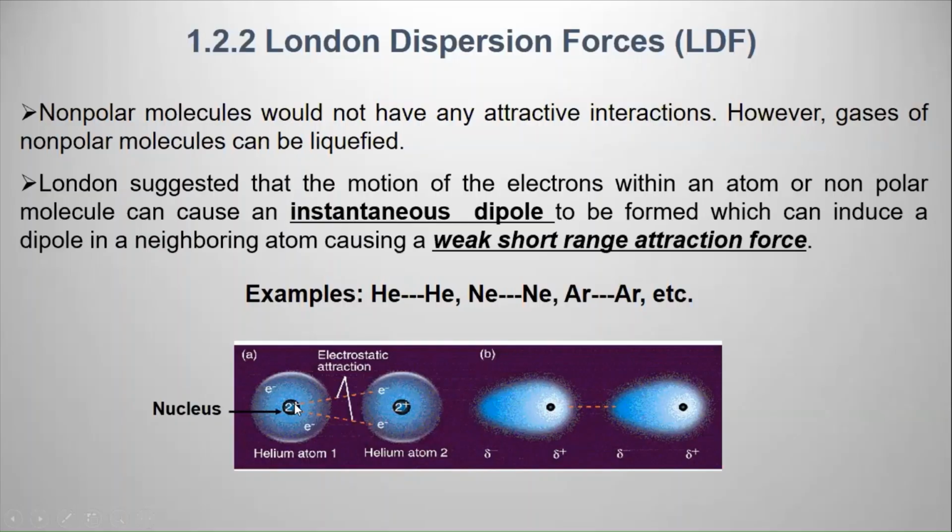These electrons are attracted by this nucleus, creating that London dispersion force. So the London dispersion forces are weak because they are not continuous forces. They are short range attraction forces and they happen instantaneously between the electrons of one atom and the nucleus of another atom. So what factor can affect the London dispersion forces?